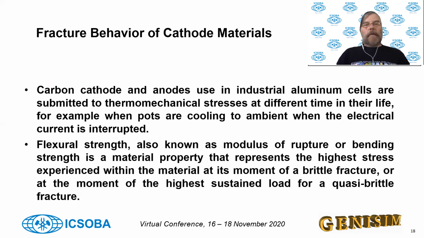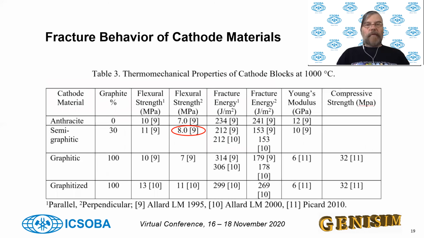Okay, so what about the physical property of the cathode block? In that paper, Alton did a very extensive review of the properties that were measured by some researchers. We are not covering that in the presentation, no time for that. So I'm presenting only this table, which is table 3 in the paper.